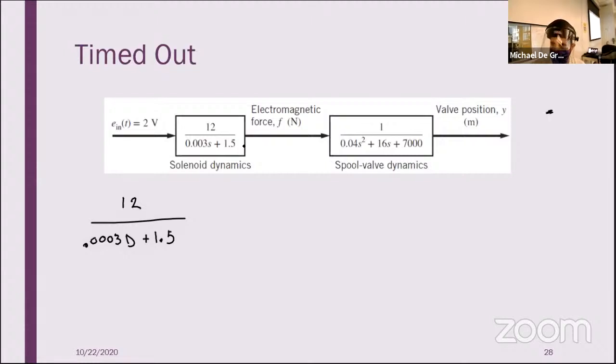Set what equal to 0? Yes, we set D equal to 0. So if I set my D equal to 0 in this, then I get 12 over 1.5.